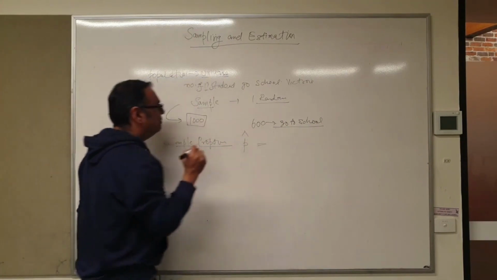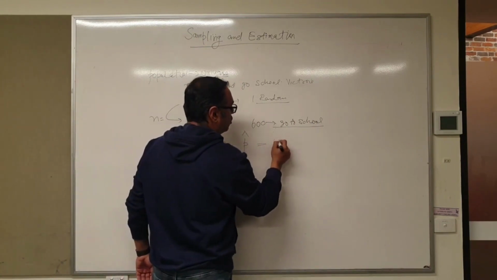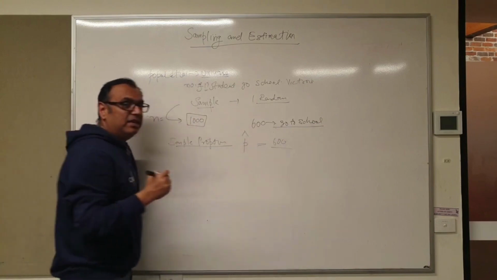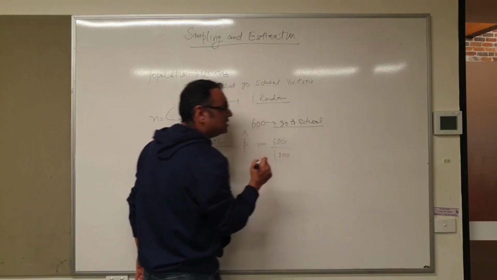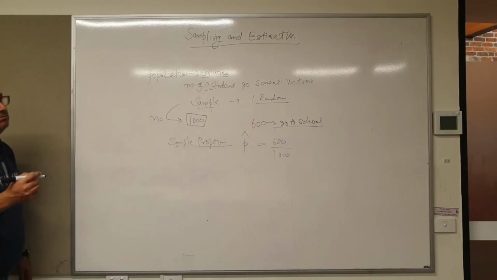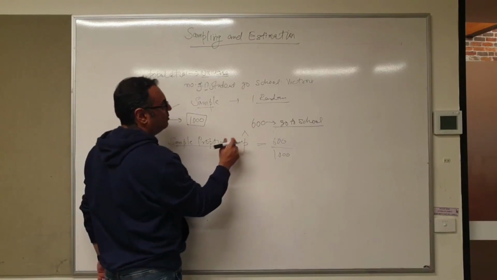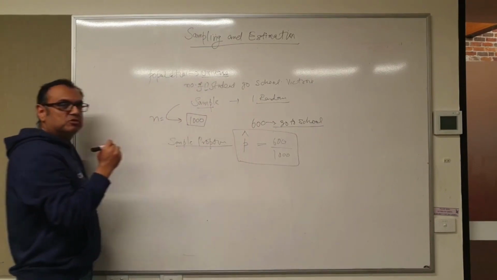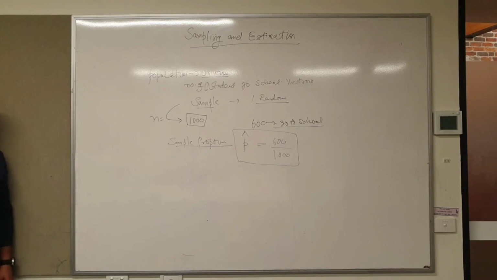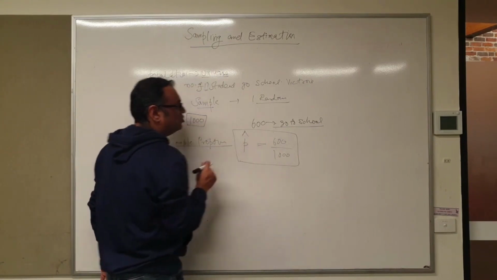My sample proportion is the ratio of how many are going to school over the total count. Mind you, this is not the probability. Depending upon what I'm measuring it could be probability, but for the sake of simplicity, we'll not confuse it and we'll call it sample proportion.